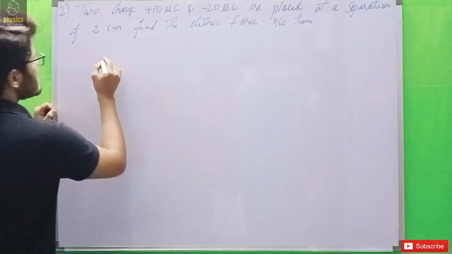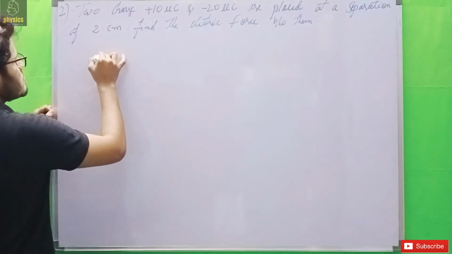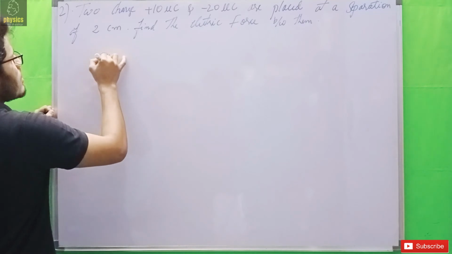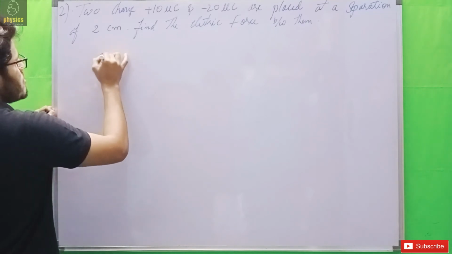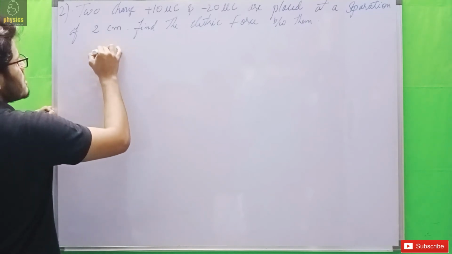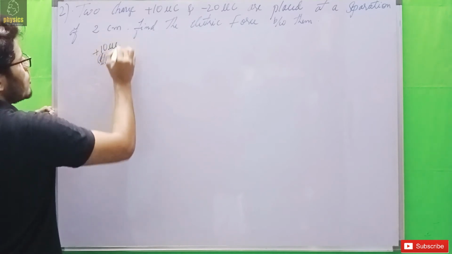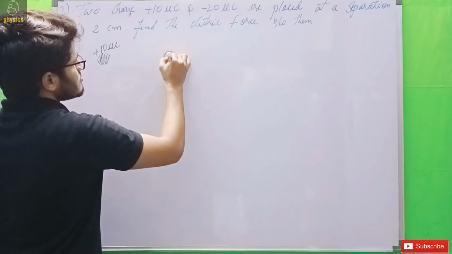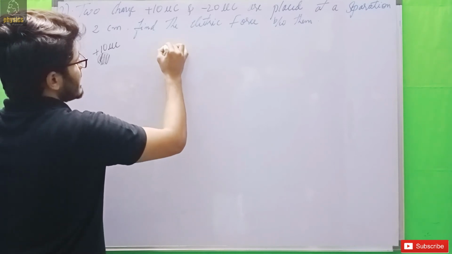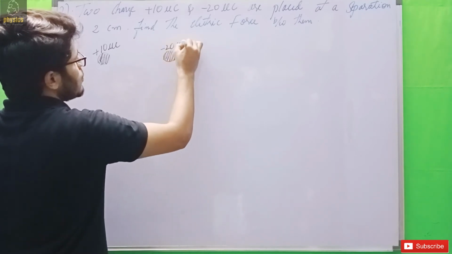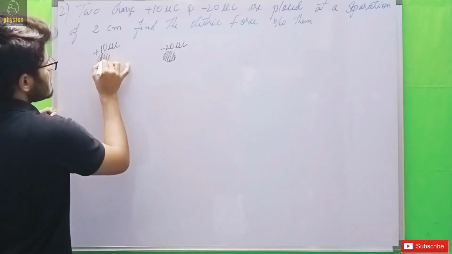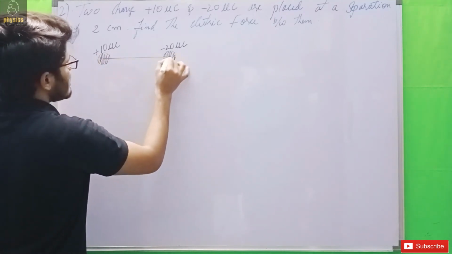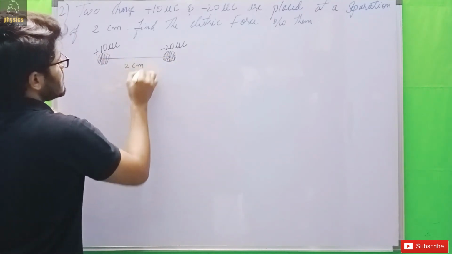The question is, we have two charges. One charged particle has charge plus 10 microcoulomb on it. The other charged particle has minus 20 microcoulomb. The separation between them is 2 centimeter.